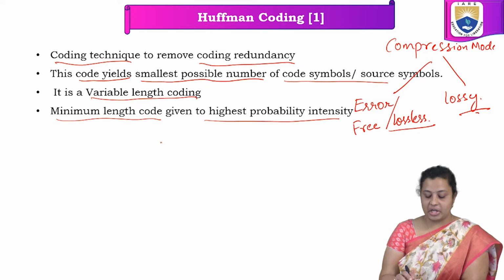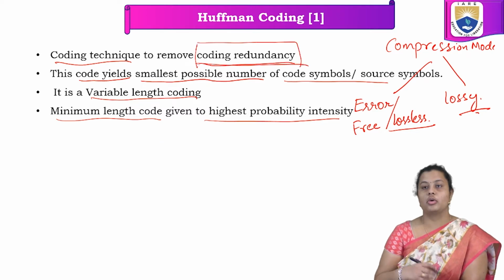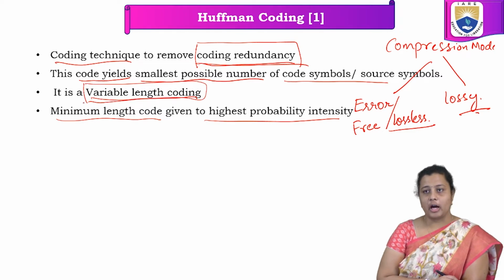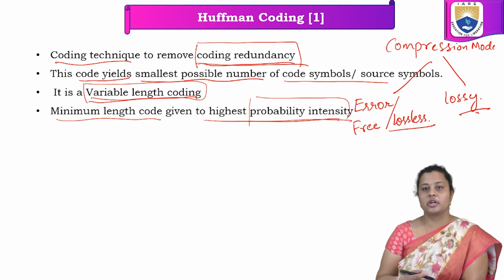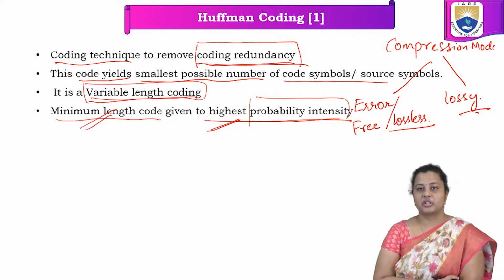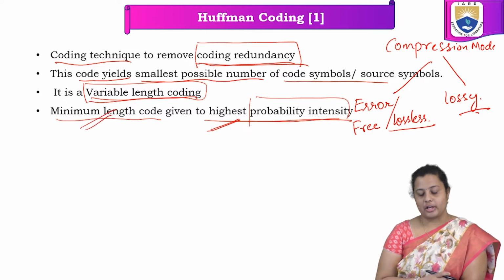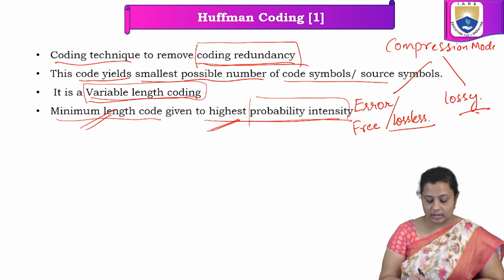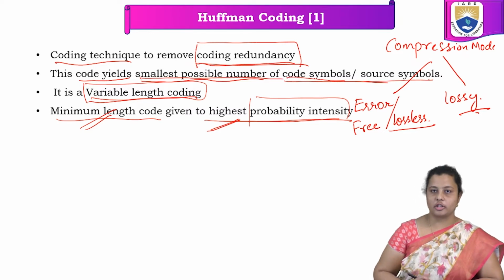To reduce the redundancy, we use the variable length coding technique, which depends upon the probability of occurrence of the intensity value r. If the intensity value has the highest probability, then the minimum length code is given to such a pixel value. The advantage is that the smallest possible number of code symbols per source symbol is achieved.